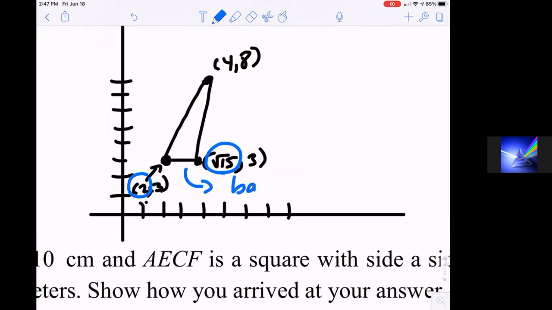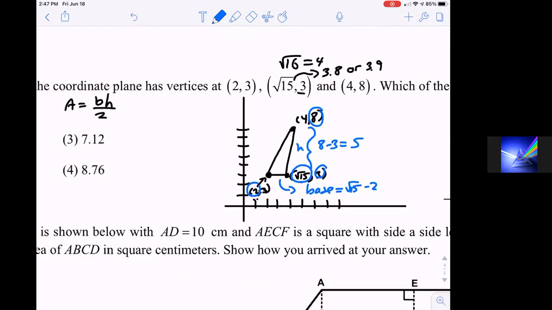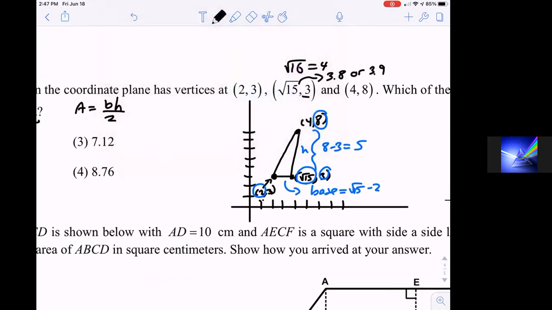The base is about equal to the square root of 15 minus 2. The height right here is going to be this value minus this value, 8 minus 3, which is 5. So we're using that information to help figure out what the base and height are to be able to find the area.